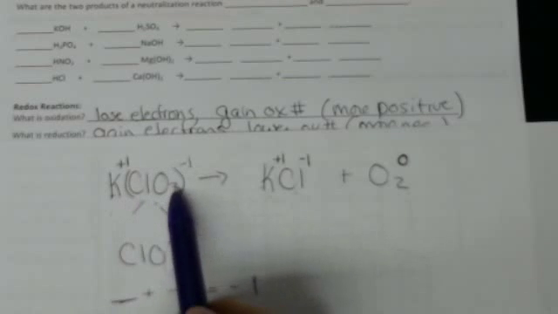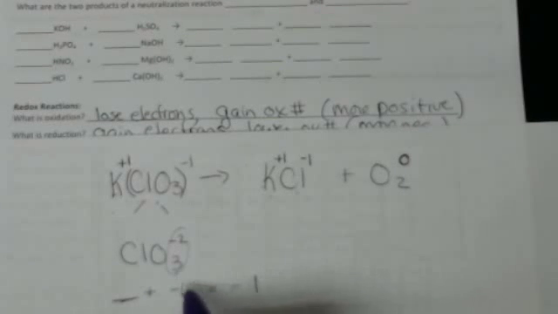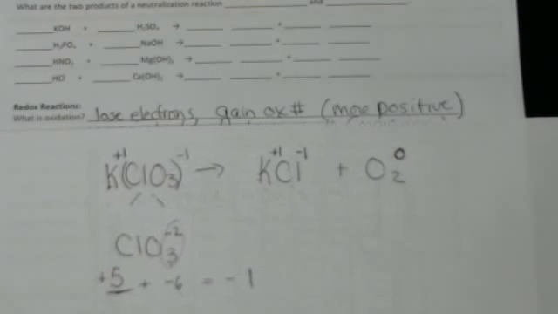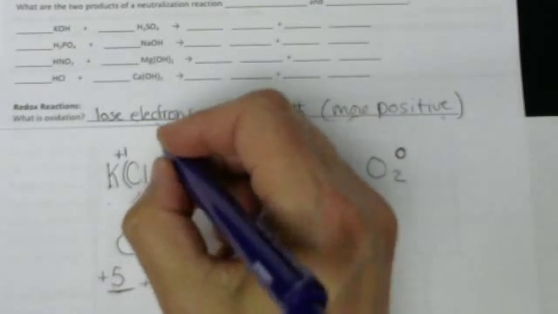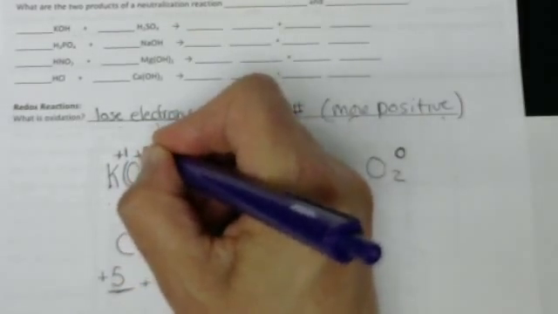That's the charge of the chlorate. So the chlorine plus the oxygen has to equal the chlorate's charge. If oxygen is -2 and there's 3 of them, making it -6, chlorine has to be, in this case, +5. +5 plus -6 equals -1. So if I go back up here, my oxygen's -2 and my chlorine is +5.